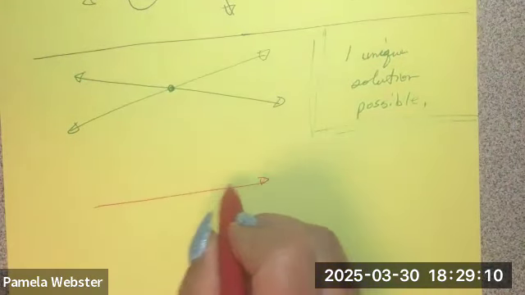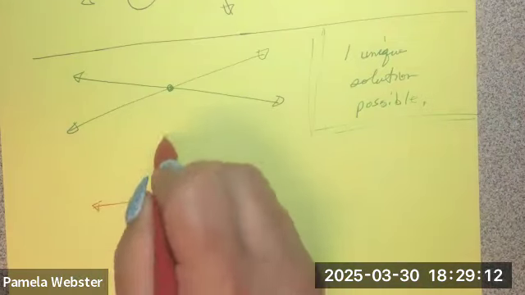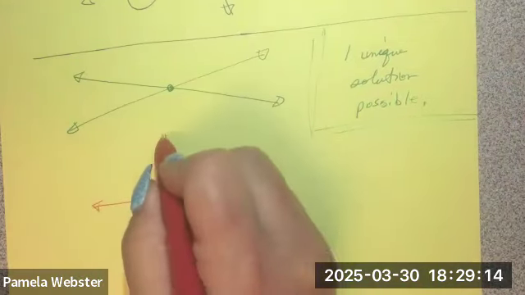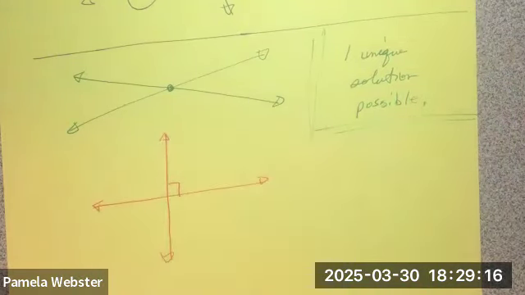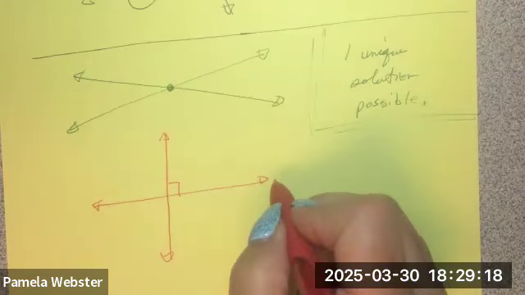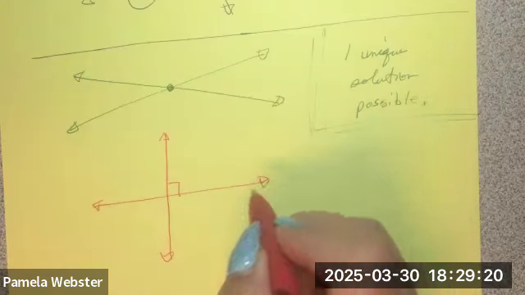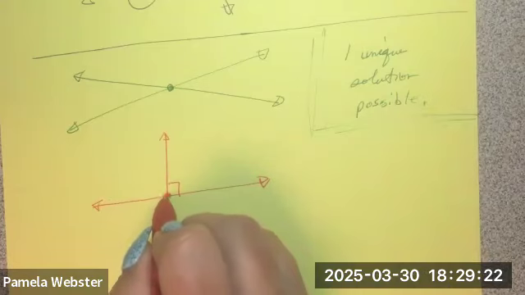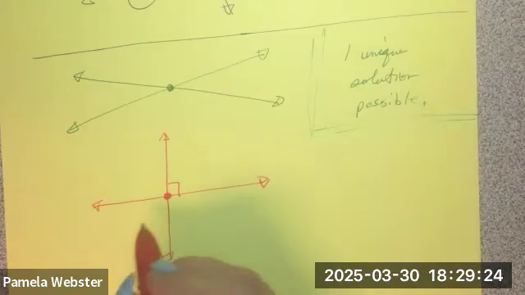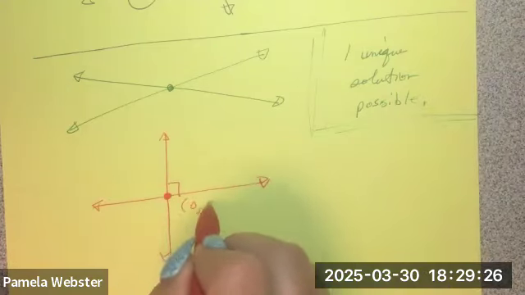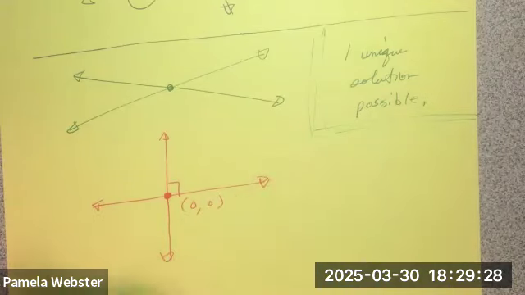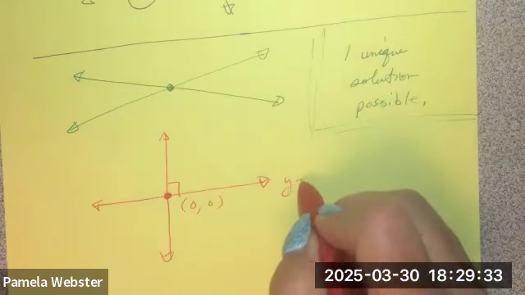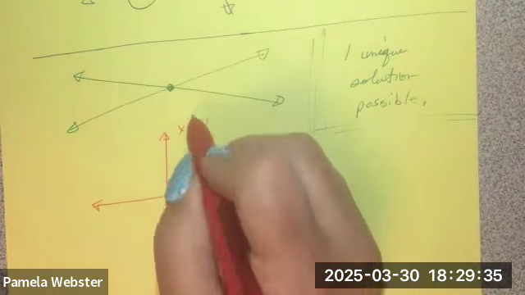What if they were perpendicular to each other? Like the x and y axis, 90 degrees. Well, how many times did they cross? Just once, right? It happens to cross at the origin, 0, 0. We know that guy. But these 2 linear equations, this guy would be y equals 0 and this guy would be x equals 0.